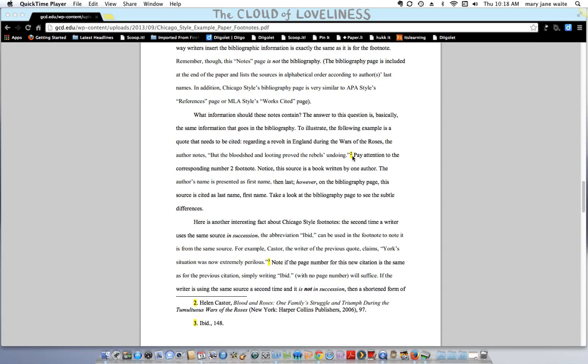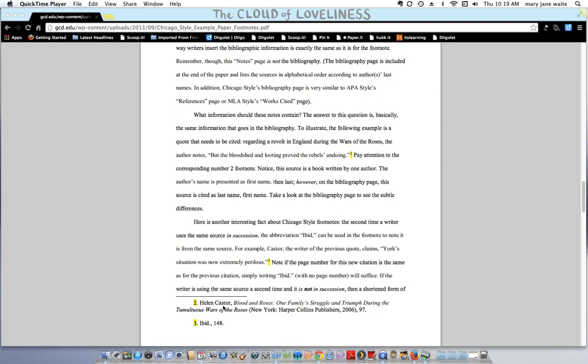So I want to look at the foot of the page, because that is the beauty of Chicago Manual of Style. You can look quickly and get that full citation to understand where the information is coming from. So I'm going to look at my footnote that corresponds with number 2 superscript, and I have a full-size number 2, and I have the author, Helen Castor.